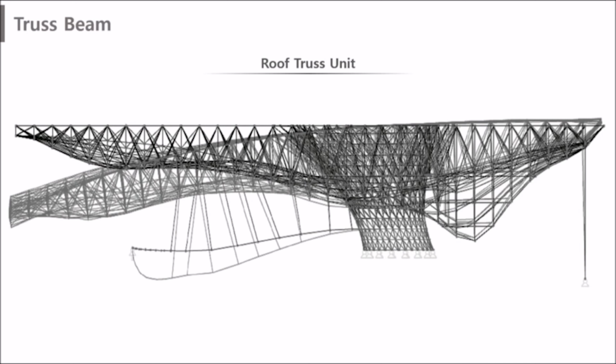It also had to be considered at the time of design that the cantilever structure would be deflected by its own weight. In general, a long-span cantilever structure is more prone to sagging by the weight of the building over time than other structures, and the Busan Cinema Center was no exception.